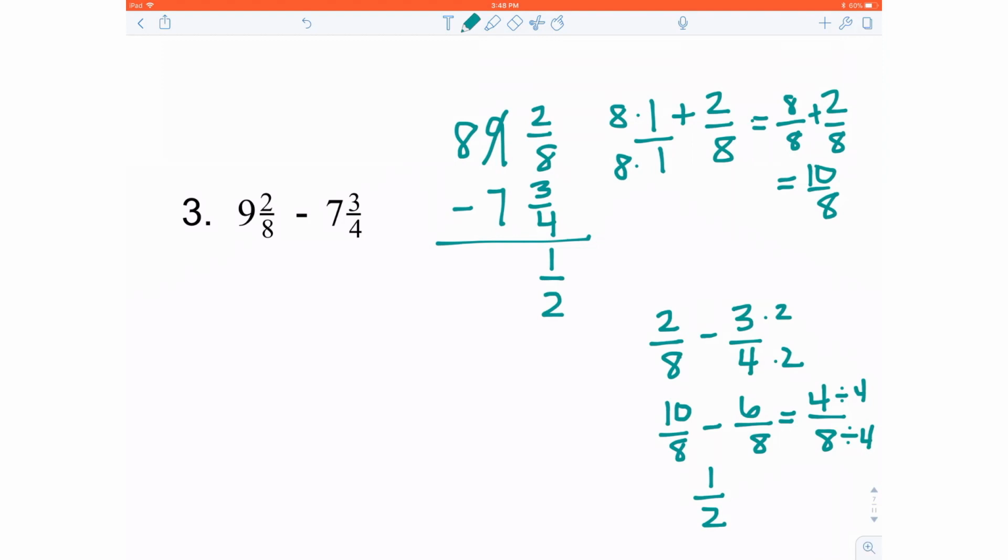for the fraction side. Now, this, remember, became an 8. So we're going to do 8 minus 7 is 1. So this equals 1 and 1/2. So that was a tricky one, so don't feel bad if you didn't get it. We hadn't borrowed it before. Not a big deal.